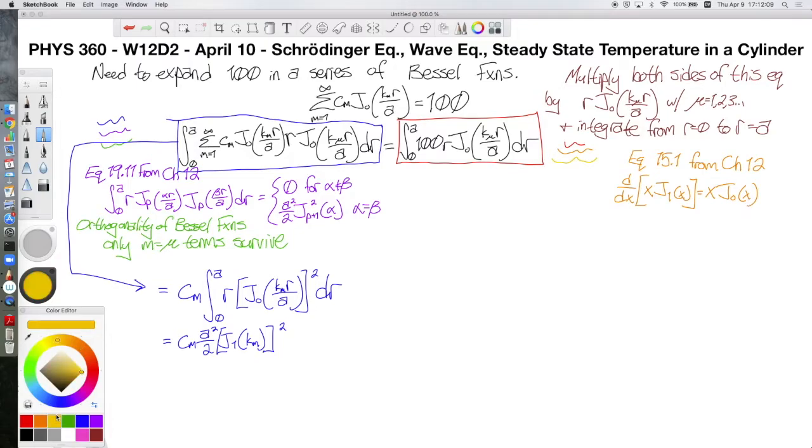We talked about recursion relations and orthogonality when we talked about the Legendre polynomials, and these same ideas apply to the Bessel functions as well, even though we didn't have time to talk about them in detail. So if equation 19.11 from Chapter 12 was about orthogonality, this statement right here is a recursion relation for Bessel functions. Using this equation and plugging in x equals k_m times r over a, we get the following.